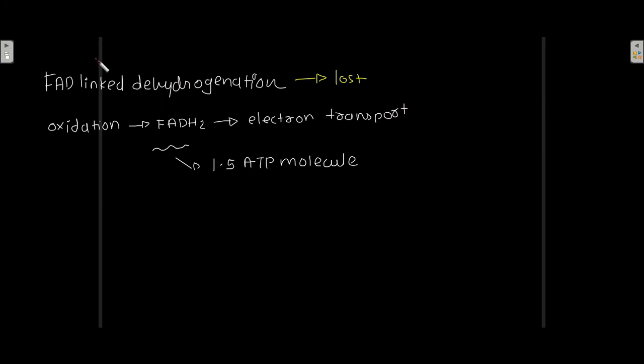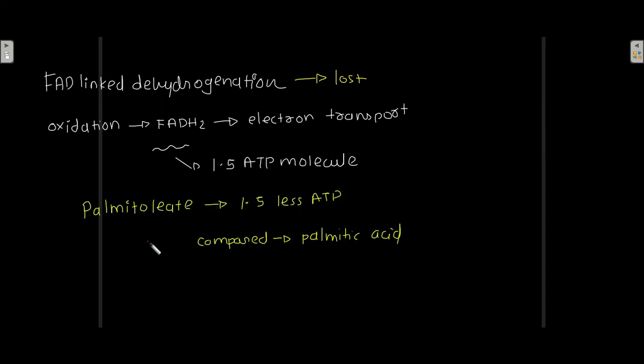That is the reason why palmitoleic acid, an unsaturated fatty acid, produces 1.5 less ATP as compared with palmitic acid, which is a saturated fatty acid.